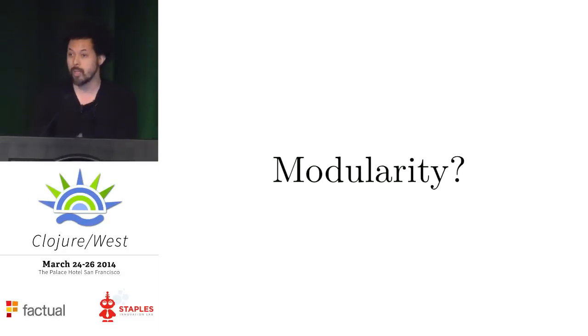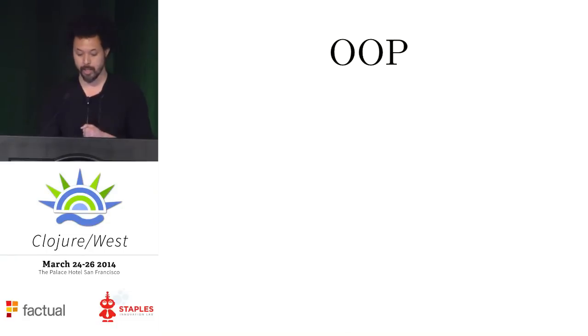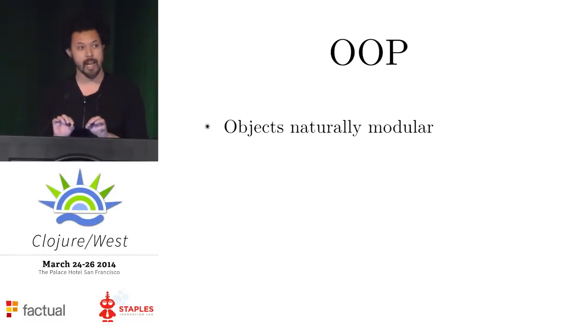So the question you should be asking yourself, if we're going to do this global app state thing, is what are we going to do about the problem of modularity? If we really take this database approach, something people like about objects is that they're naturally modular. I think that's because of complete encapsulation, a big idea in objects, that you hide your state.